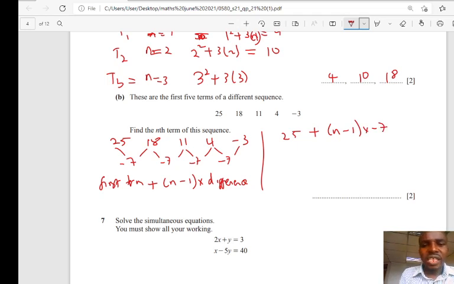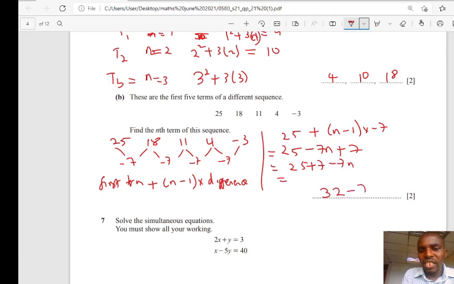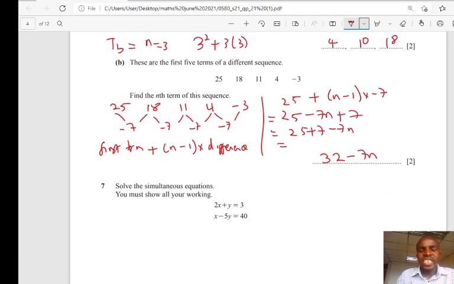Then it will be 25 minus 7 times n is minus 7n. Minus 7 times plus 1, minus 7 times minus 1 is plus 7. Collect like terms. 25 plus 7 minus 7n. 25 plus 7 is 32, minus 7n. That will be the formula for the nth term of this sequence.